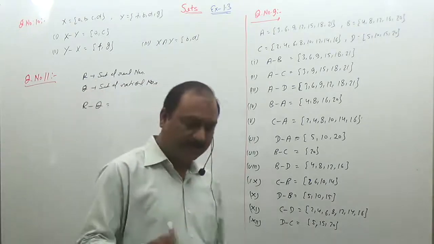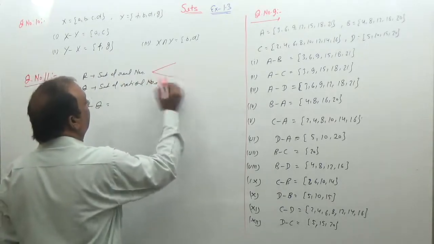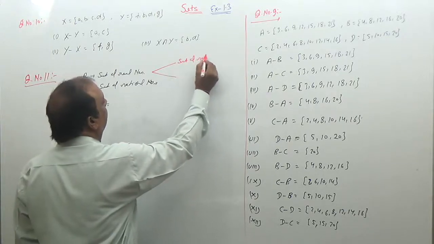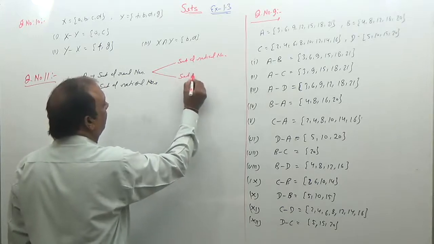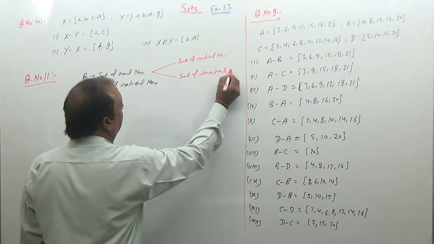We know that the set of real numbers is divided into two parts, the set of rational numbers and the set of irrational numbers.